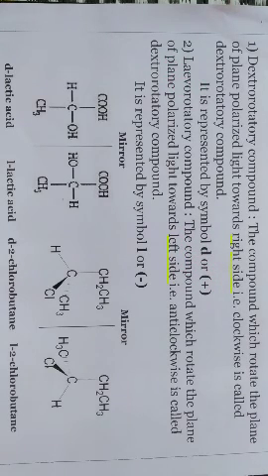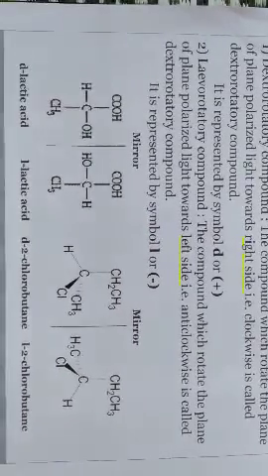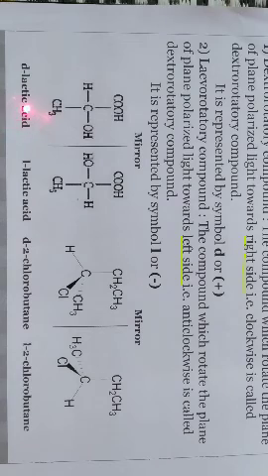Levorotatory compound: the compound which rotates the plane of plane polarized light to the left side, that is the anti-clockwise direction, is called a levorotatory compound. It is represented by the symbol L or minus. Below, examples are given of lactic acid, D-lactic acid and L-lactic acid. In the same way, 2-chlorobutane, D-2-chlorobutane and L-2-chlorobutane.